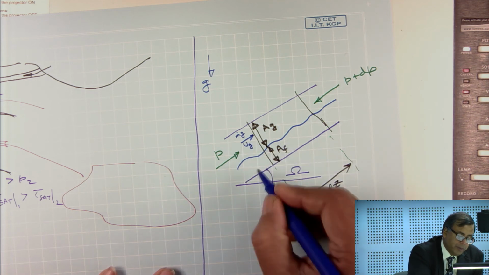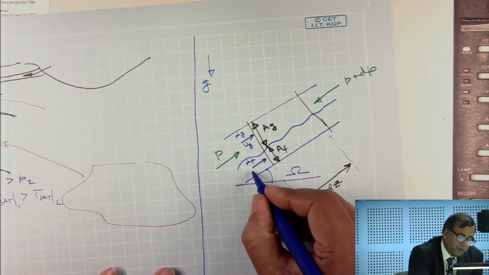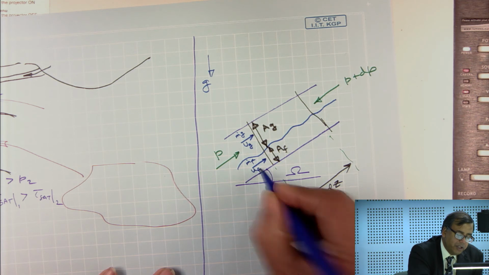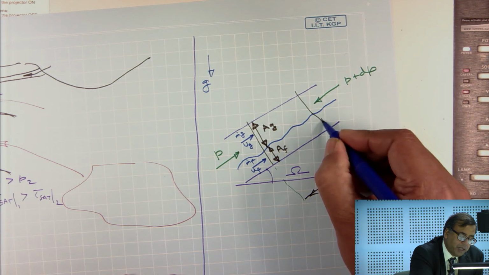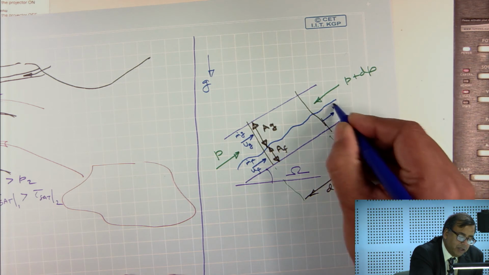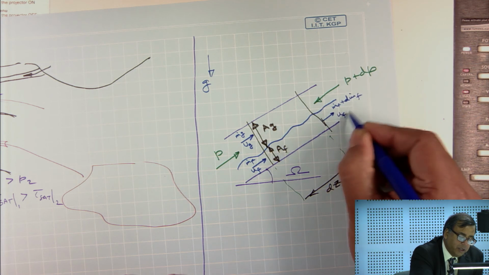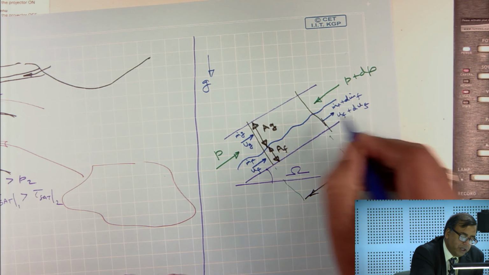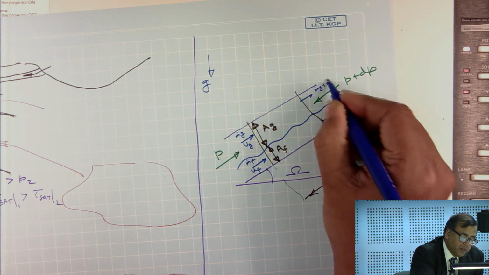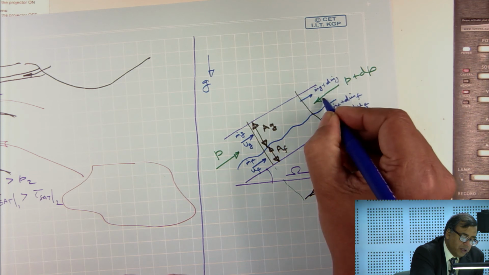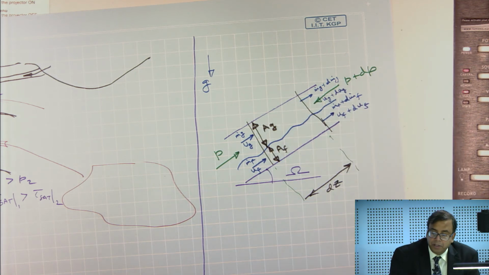Similarly, the mass flow rate of the liquid going in is m dot f, and the velocity of the liquid going in is uf. Correspondingly, the mass that is coming out on this side is m dot f plus d m dot f, and the velocity is uf plus d uf. Similarly, in this direction it is m dot g plus d m dot g, and then it is ug plus d ug that is exiting the system.